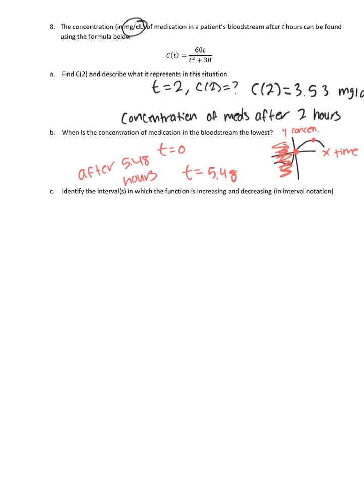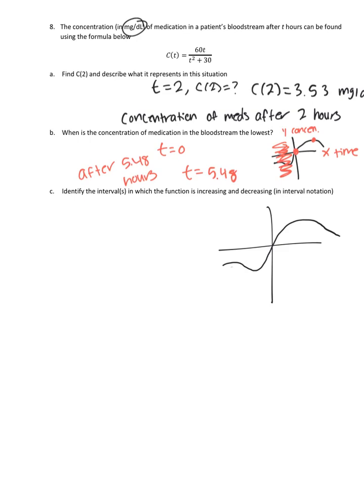All right, for part C, we want to look at increasing and decreasing intervals. So again, I'll draw my ugly sketch of the graph. Okay, that's a little bit better.